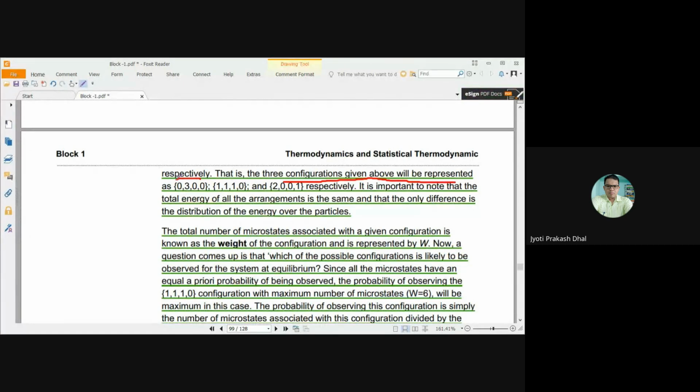Here the total energy will become 3 epsilon 0. The second configuration is 1, 1, 1, 0. The total energy will become 3 epsilon 0. The third configuration is 2, 0, 0, 1 respectively. It is important to note that the total energy of all the arrangements is the same. The only difference is the distribution of the energy over the particles.